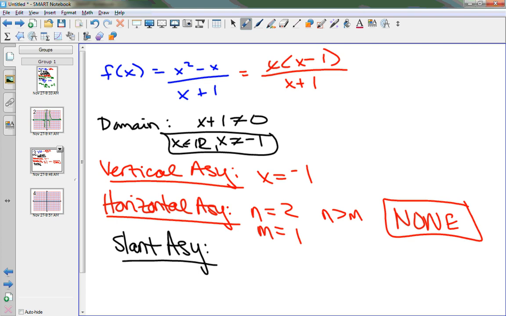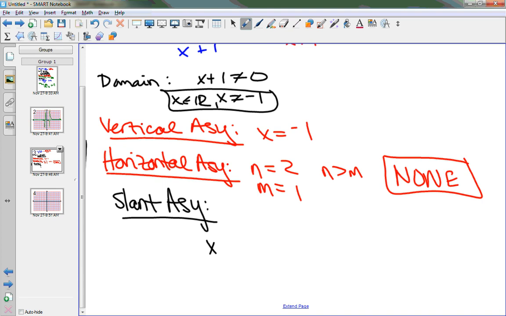I could have a slant. I don't technically have to. When do you have a slant? When the degree of the numerator is 1 unit larger than the degree of the denominator. So, is this 1 unit larger? Yes, so I have a slant. So how do I find the slant? I do long division.